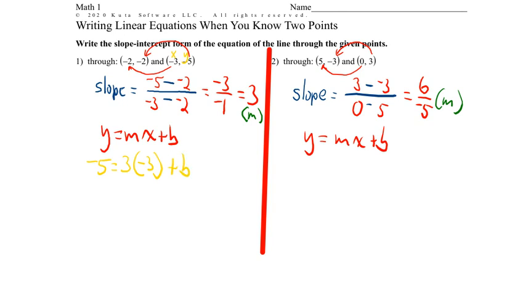Okay. So let's set up the same thing over here, all right? Jesus, what do you want to pick? The 5 and the -3 or the 0 and the 3? Do you care?